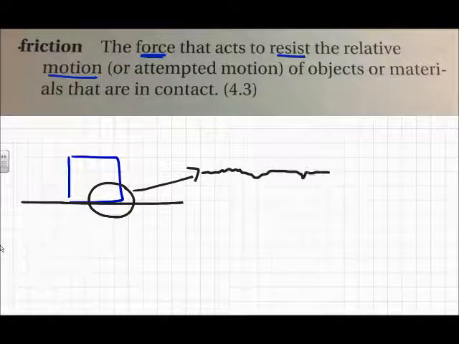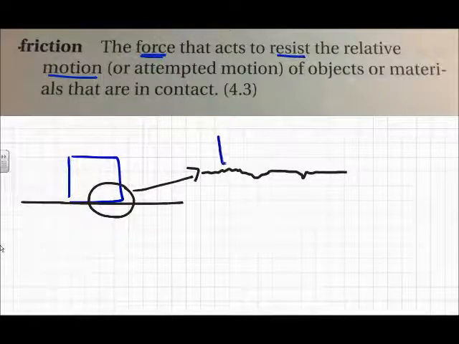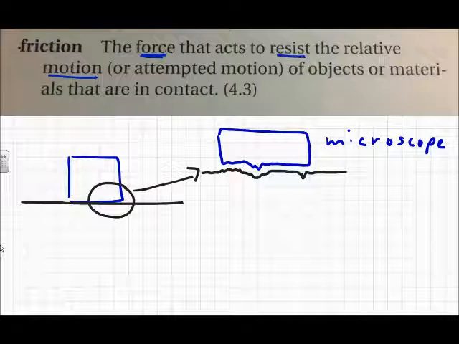It is not perfectly flat and smooth. Neither is the surface of that box. So there are irregularities that keep it from being perfectly smooth, at least at the microscopic level. With a microscope, two surfaces that feel pretty smooth to my hands are actually extremely rough and jagged.